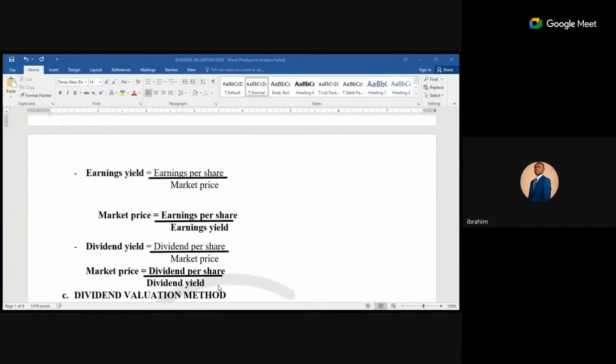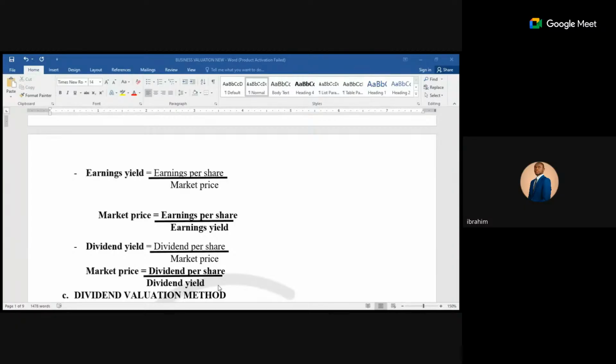You can then compare that value with the stock market price. So you will look at it: is the stock price overvalued or undervalued? If it is overvalued or undervalued, what does that mean? When you watch the video on portfolio theory, you understand. Right.